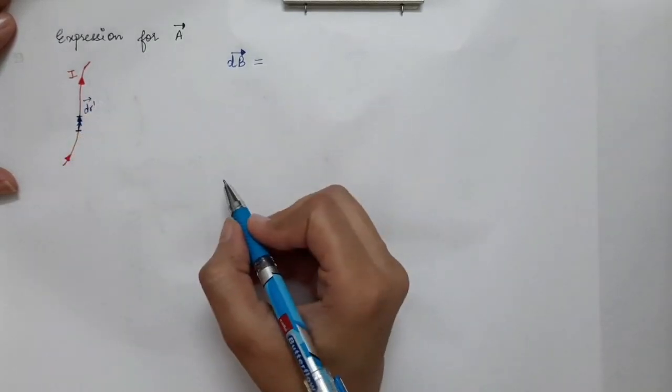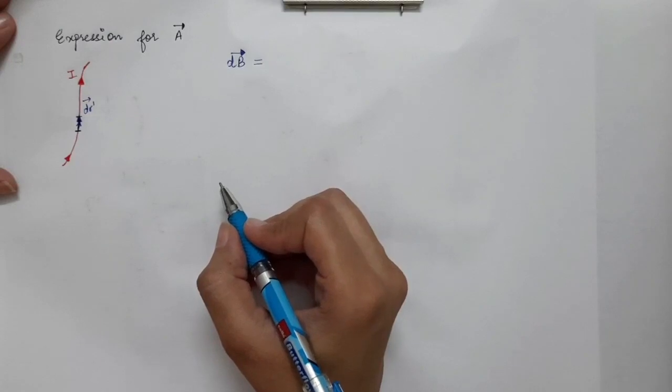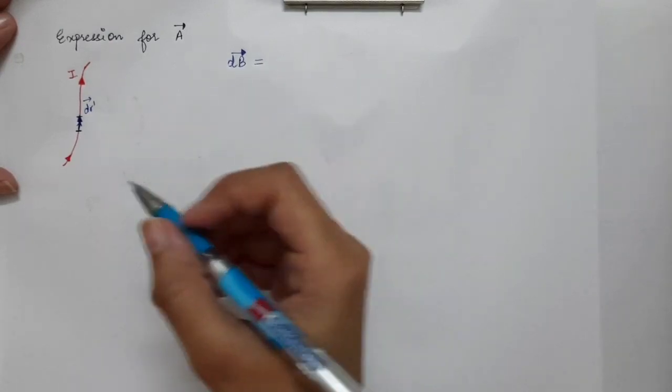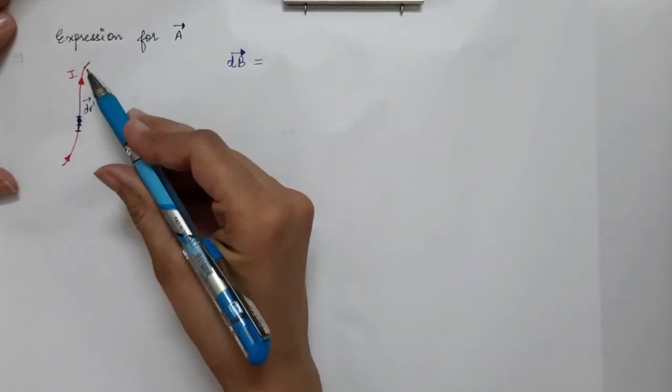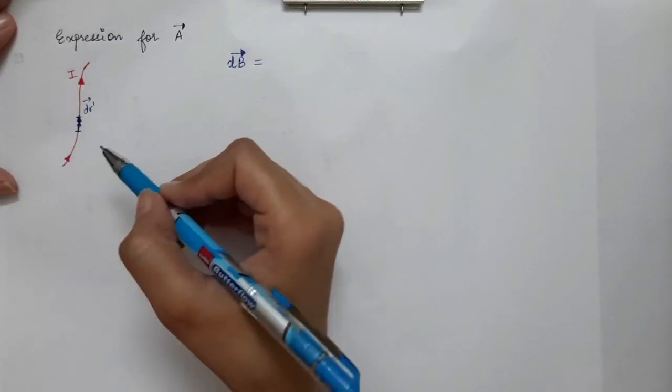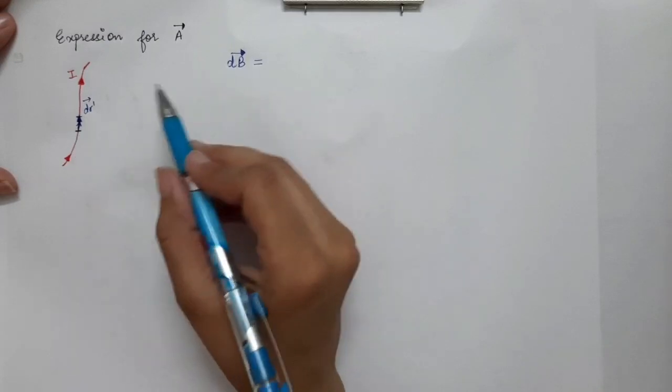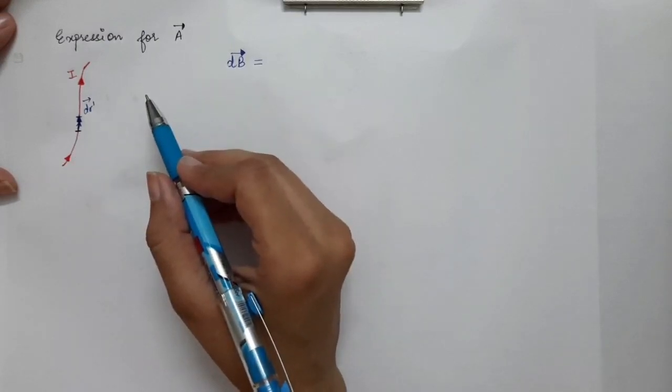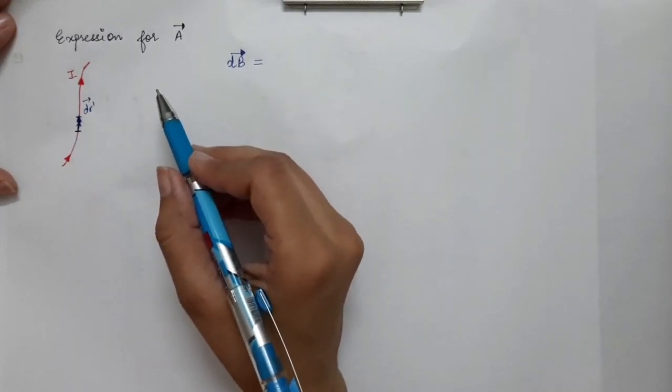We are going to use the same notation that we used in the previous derivation, meaning every point on this current distribution will be represented by a primed variable, and every other point outside this distribution will be represented by unprimed variables.